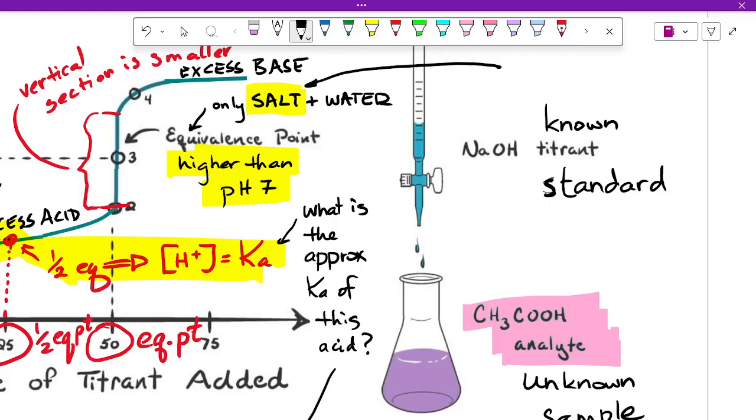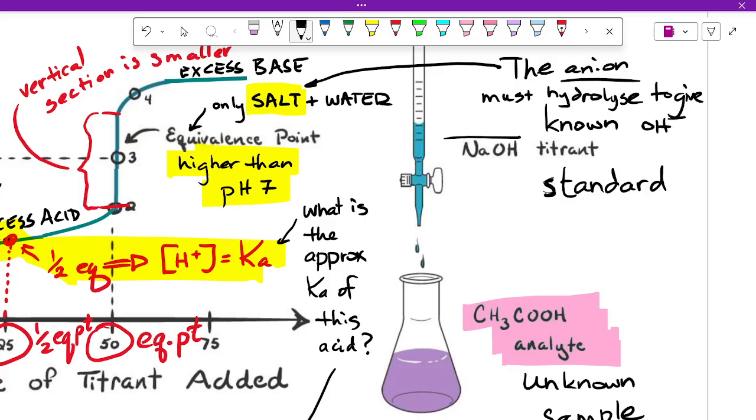Therefore, the anion must hydrolyze to give OH minus. And that's what's making it slightly basic.